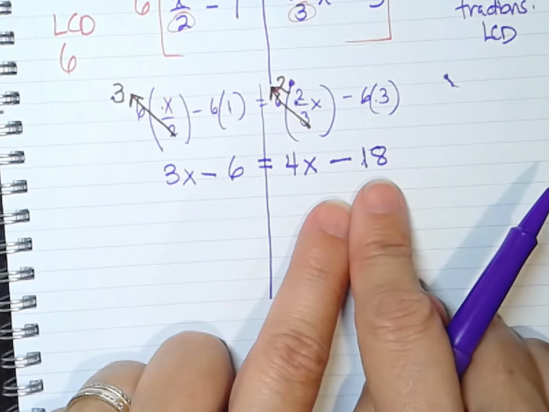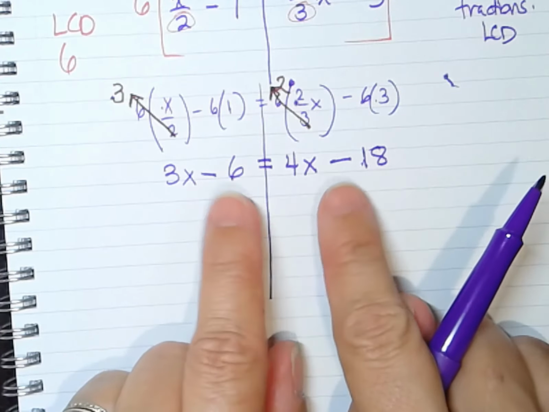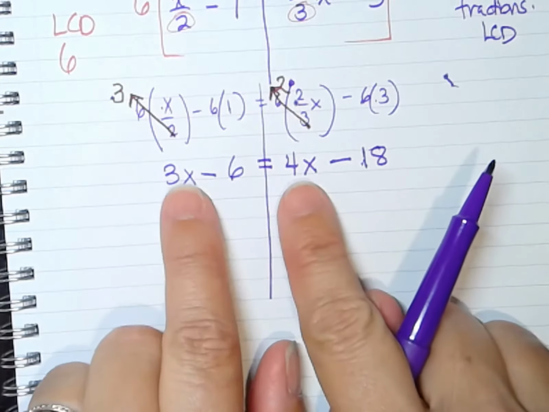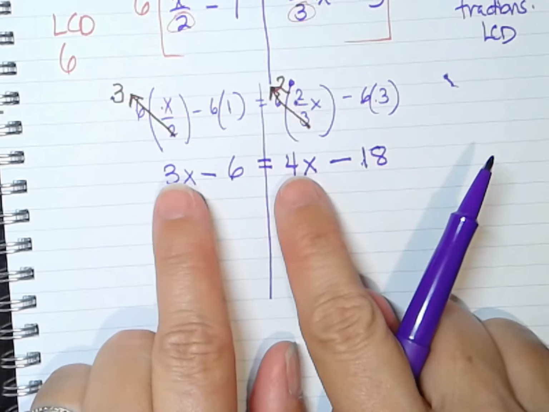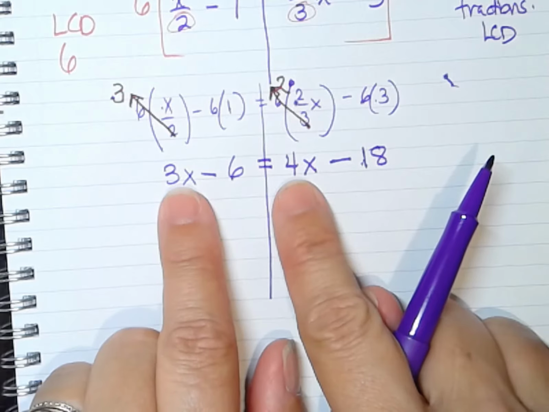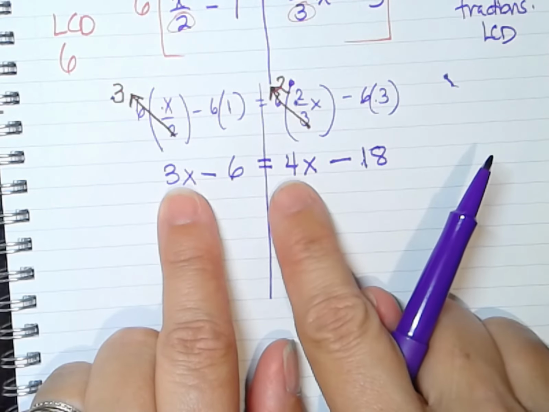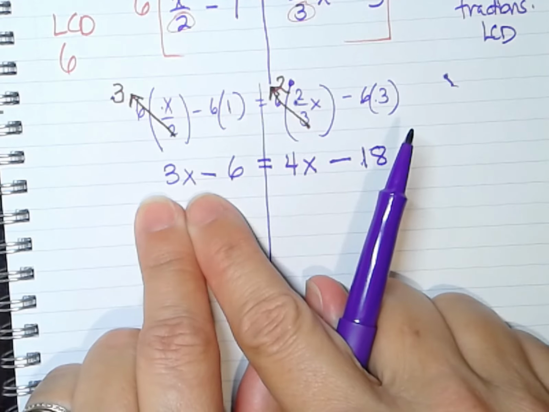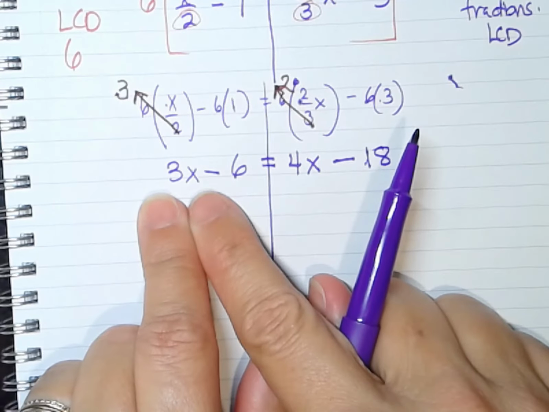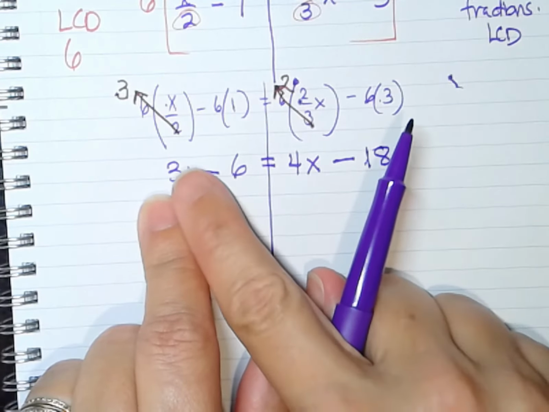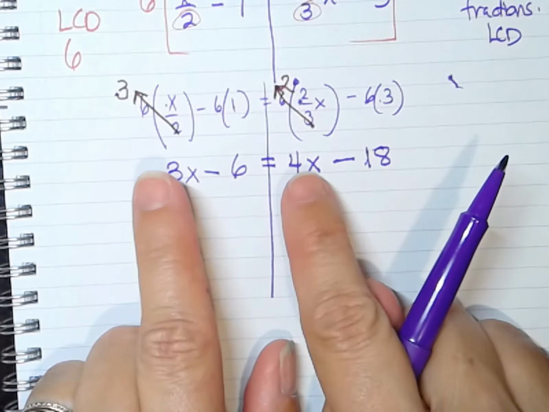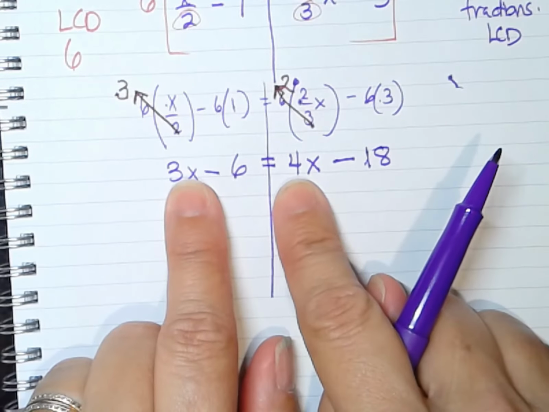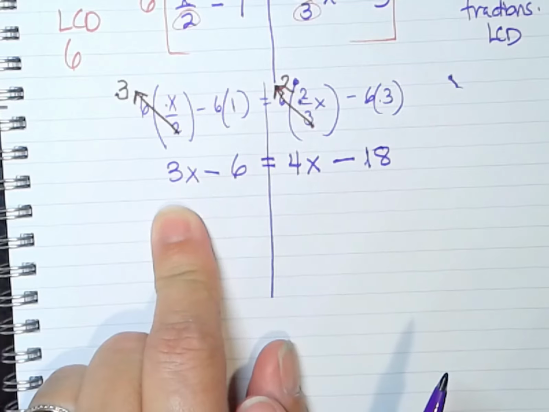When I work my problems, I always move the variables first, and then I always move the smallest one. That's just my habit, and that's just the way I do it. You don't have to do it like that. You can move anybody. But I pick the variables, and then I choose the smallest one.